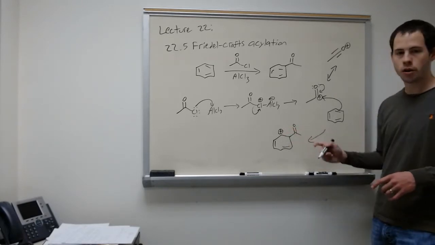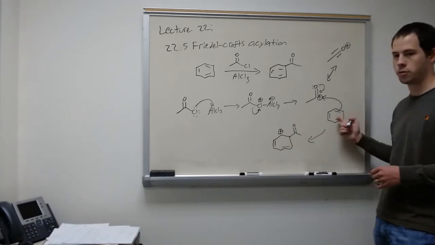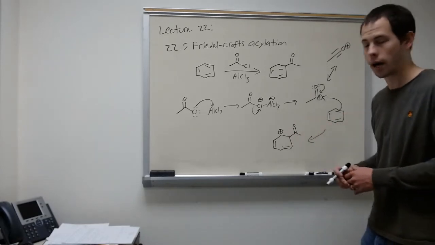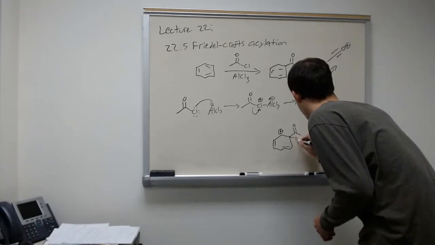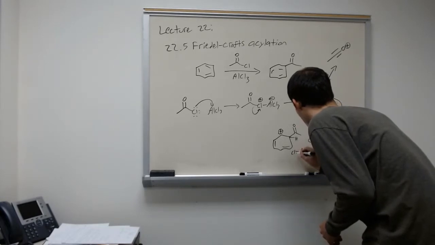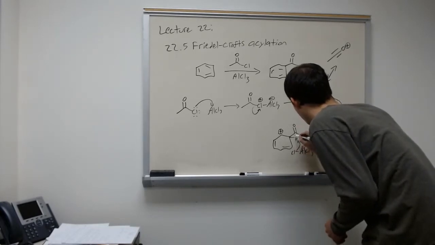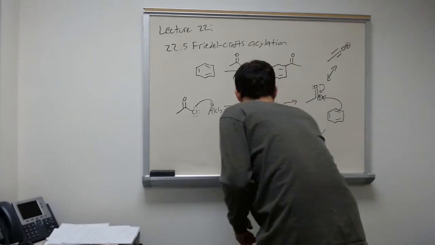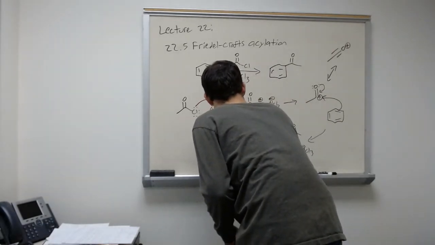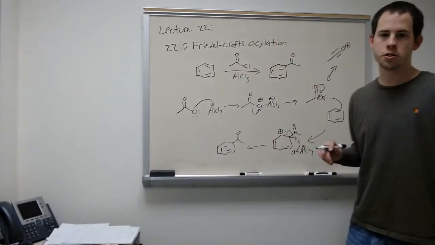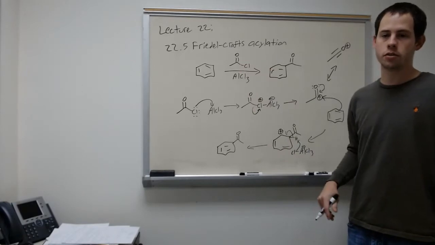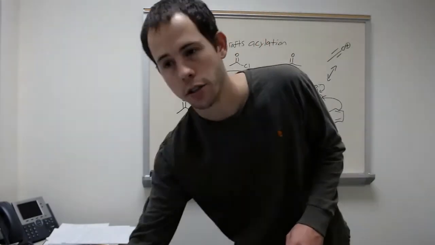We generate this carbocation here, so we have taken aromaticity away from our system, and we need to bring it back. So we do an elimination reaction. And so we lose HCl in this process, and we get our acyl group on our benzene ring. So this is the Friedel-Crafts acylation.